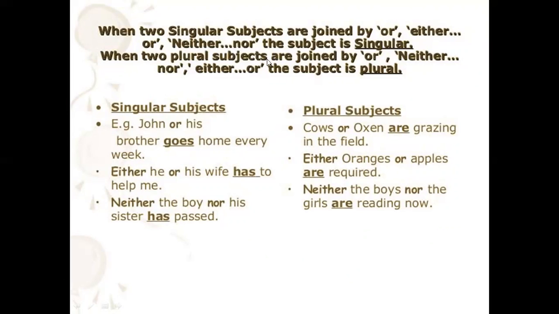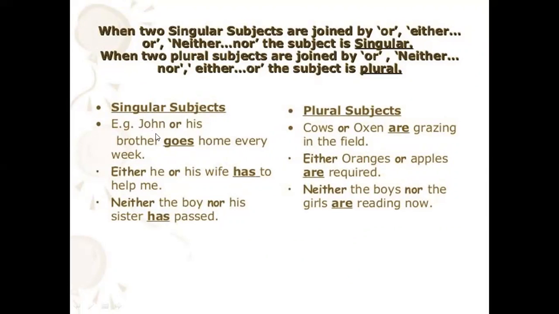When two plural subjects are joined by or, neither nor, either or, the subject is plural. So listen carefully. If two singular subjects are joined by or, neither nor, the subject is singular. When two plural subjects are joined by or, neither nor, either or, the subject is plural.